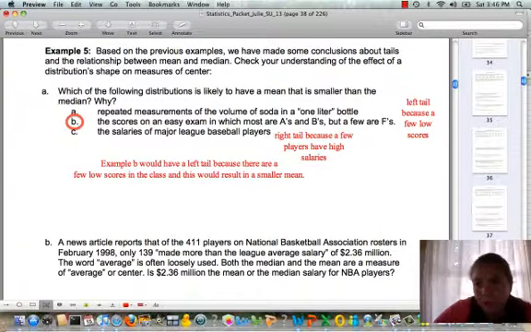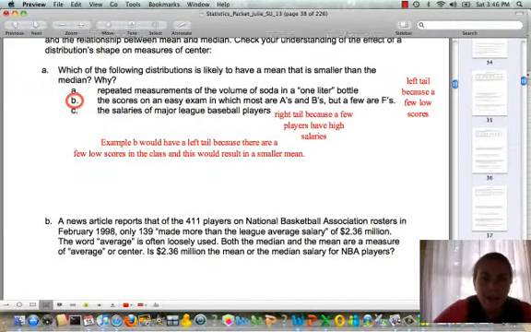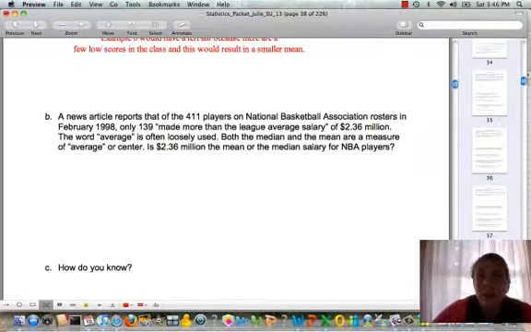Question B is asking about a news article that reports that of the 411 players on a National Basketball Association roster in 1998, only 139 made more than the league average salary, which is 2.36 million. They're saying this average is loosely used, and both the median and the mean are a measure of the average, of the center.